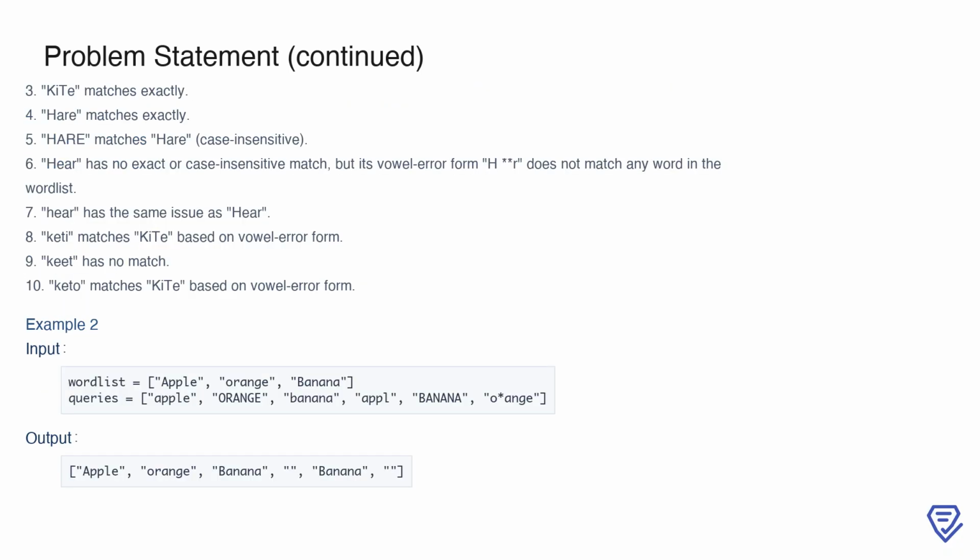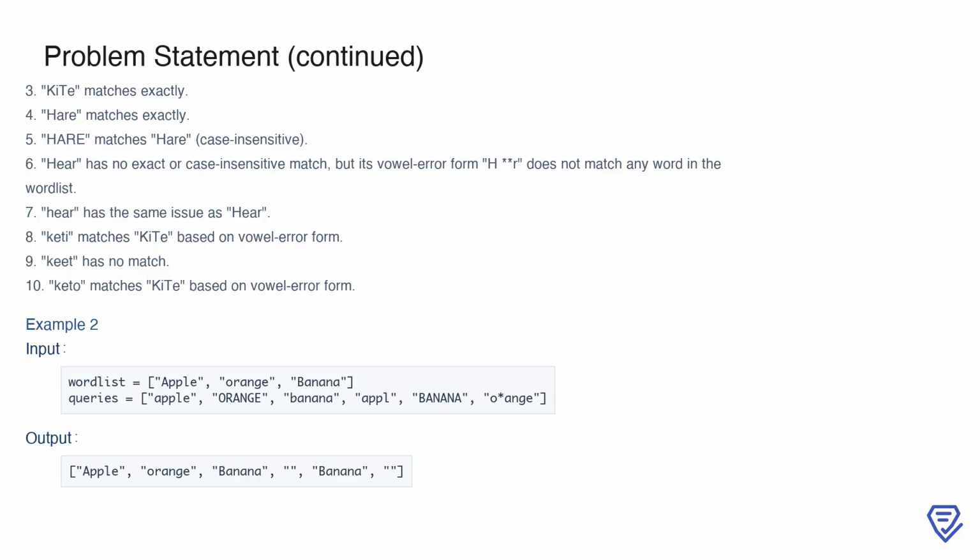For the next few queries, the results depend on the vowel error rule. Here and here fail both exact and case-insensitive matching, so we apply the vowel error transformation. When vowels are replaced with asterisk, here becomes H*R, but this does not match any word in the word list. As a result, an empty string is returned for both queries. Next, ketty also fails exact and case-insensitive matching, but its vowel error form matches kite, so kite is returned.